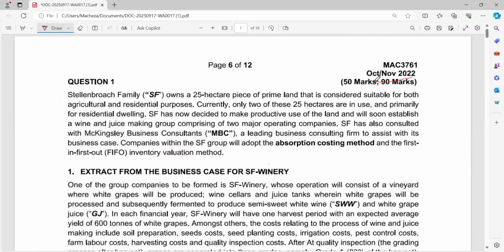Then when we are done with the finance section, we go back to 2024 and do the costing, then also the finance.